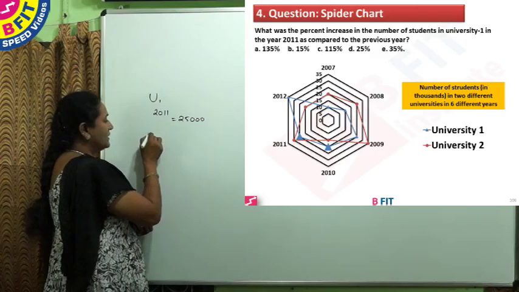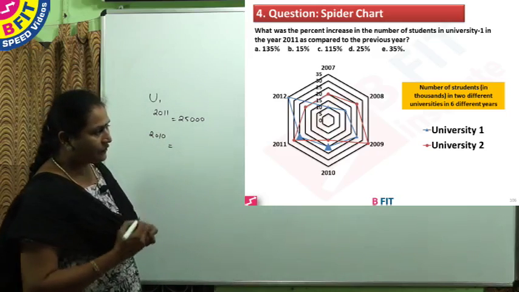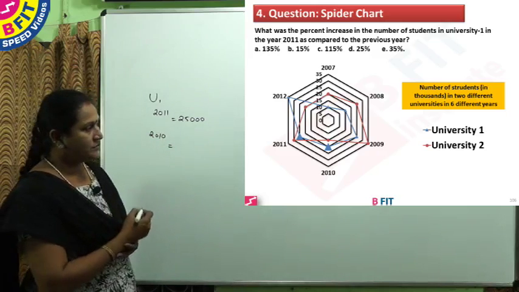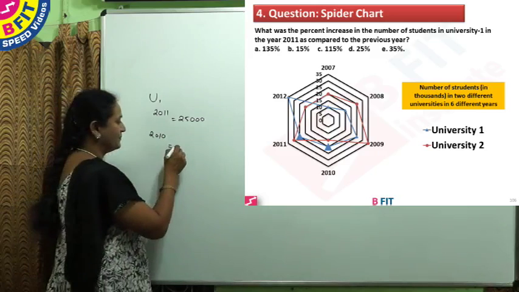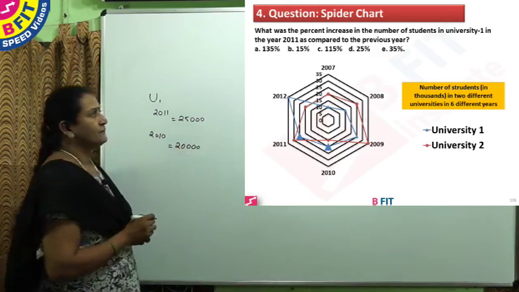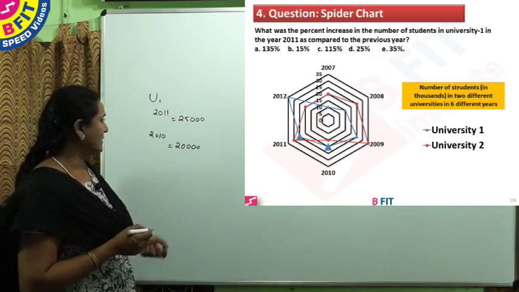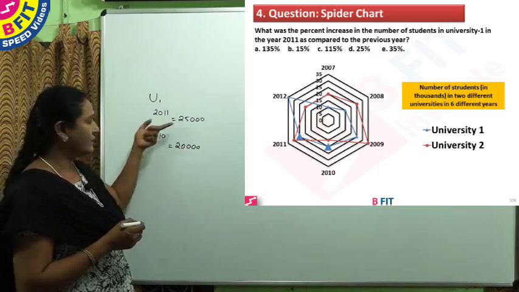So in 2010, how many students were there? We have the fourth hexagon from outside. The value is 20,000. So in 2010, there were 20,000, and in 2011, there were 25,000.